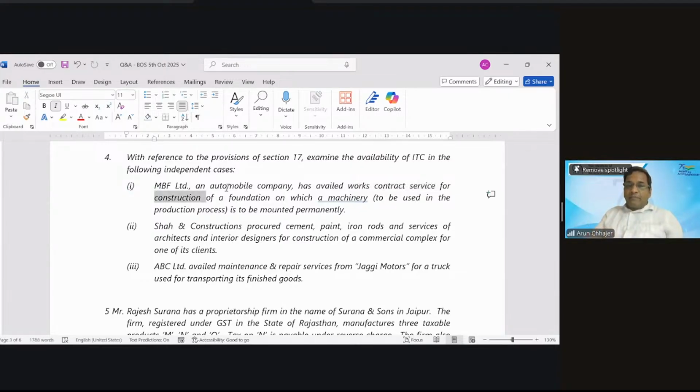Now, because MBF Limited has incurred the expenditure for construction of the foundation on which the machinery would be set up, it will be considered as plant and machinery, and therefore the ITC would be allowed.